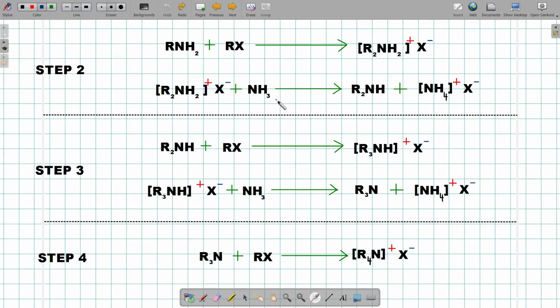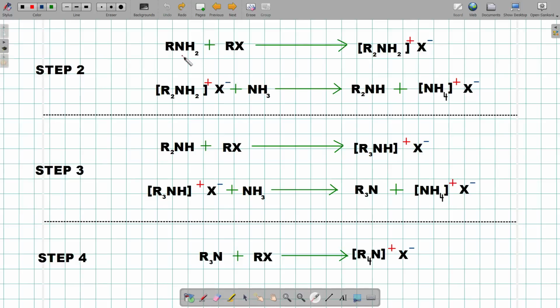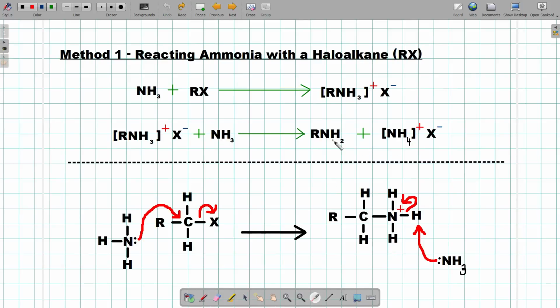Moving on. The problem with this method is that when you react ammonia with a haloalkane, if you assume this haloalkane here is in excess, the ammonia, when it forms into the amine here, the RNH2, because it's got an R group attached to it, it'll still have a lone pair of electrons, just as it has on the ammonia.